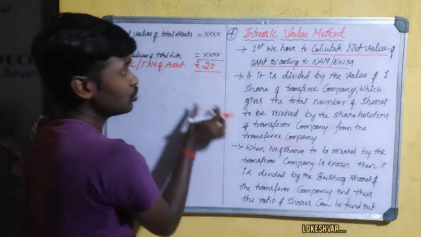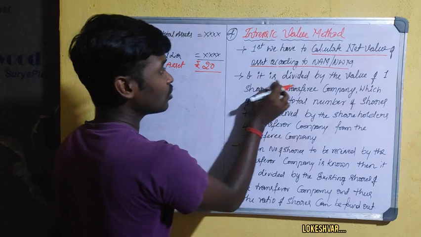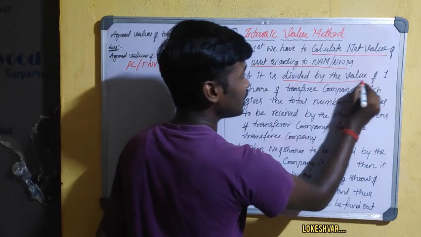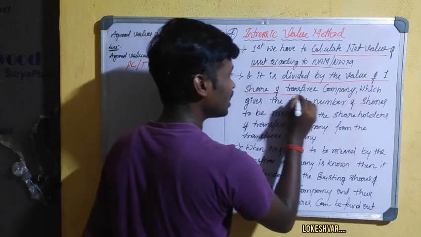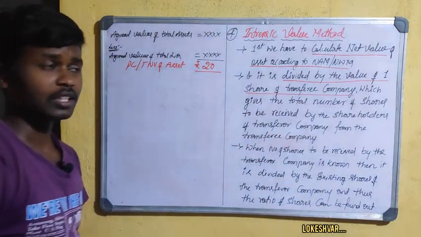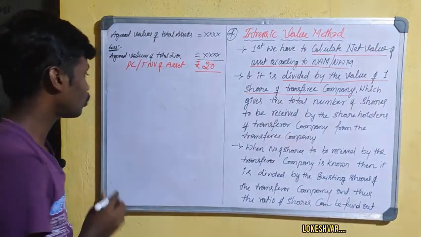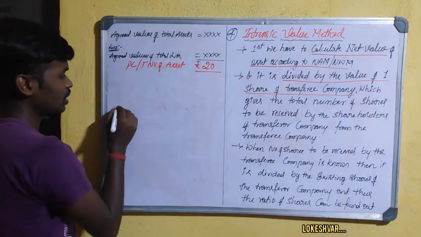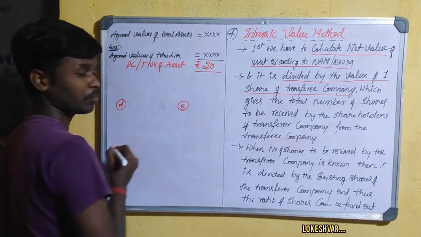Next, after calculating the total value of net asset, this value is divided by the value of one share of the transferee company. Before going to the second condition, you first have to know: for example, there is an A company and a B company.